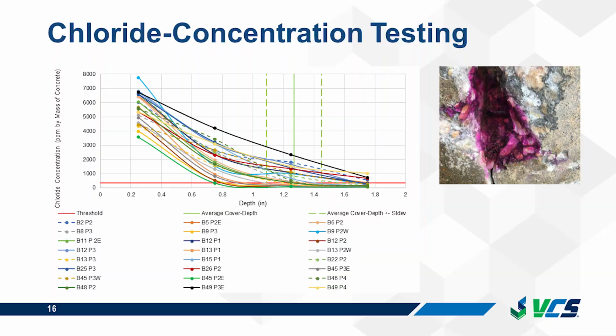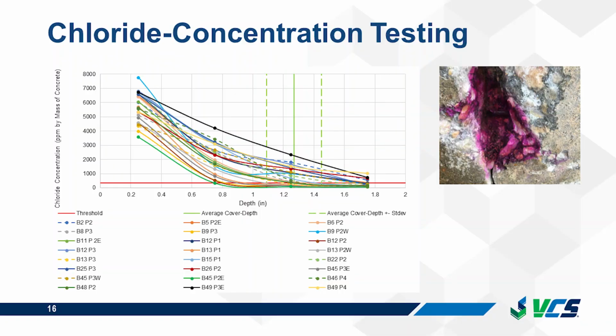And these profiles are chloride concentrations with depth. So as you can see here, all the samples had very high chloride exposure. At the surface, chloride concentration ranged from about 4,000 to 7,000 parts per million. And as expected, chloride concentrations decreased with depth. However, at reinforcement depth, concentration was still above the corrosion initiation threshold.